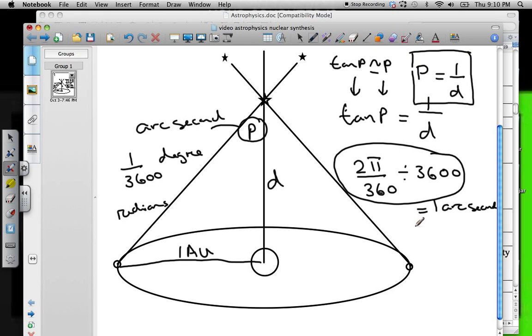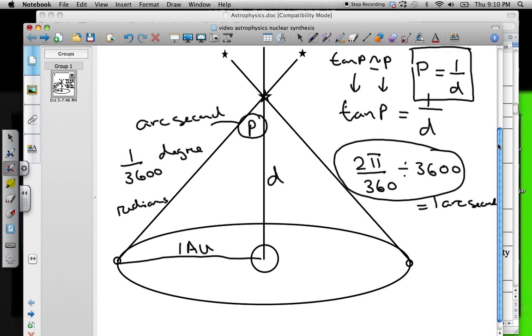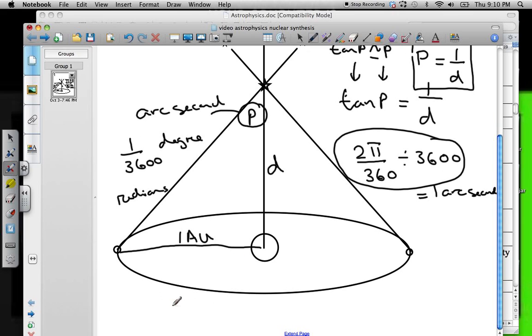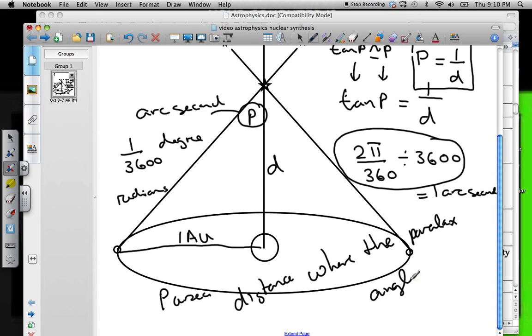A parsec is defined as the distance when the parallax angle is 1 arc second.